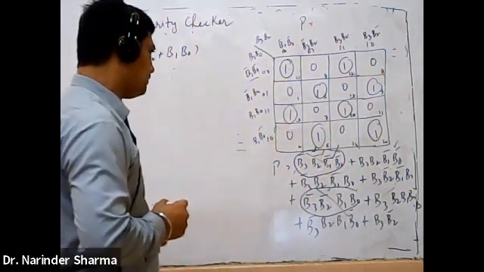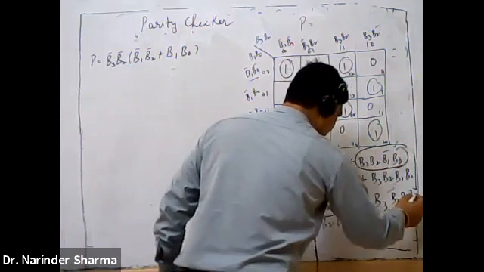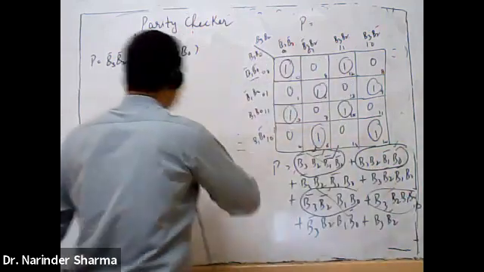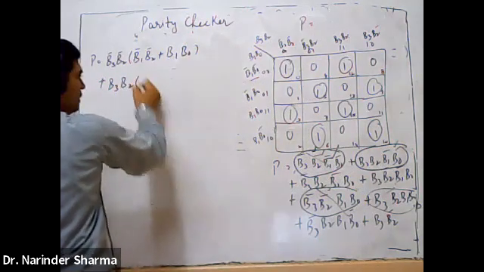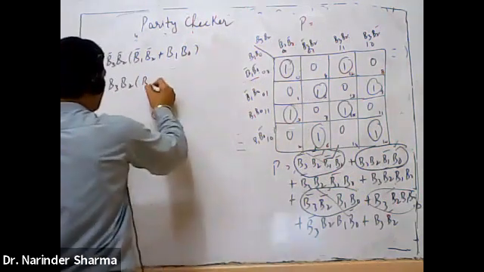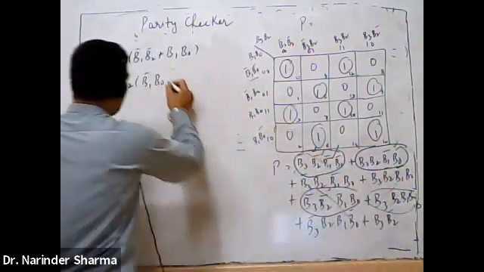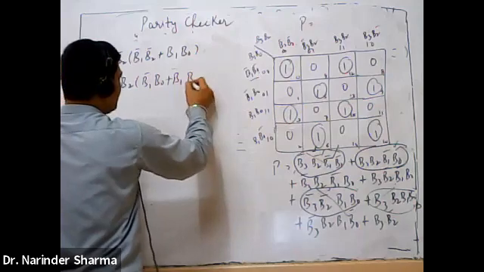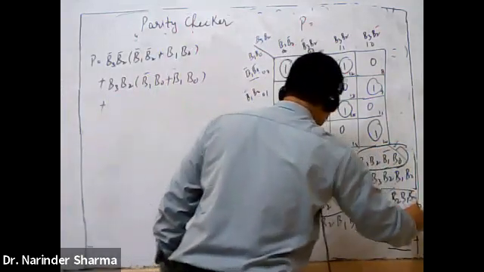B3, B2. Here you can see again this one and this one. B3, B2 can be taken common. Here you will get B1 bar, B0, plus B1, B0 bar, plus this one we have considered.